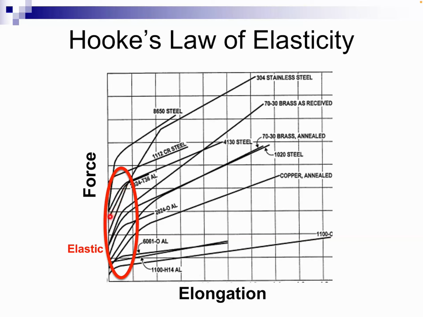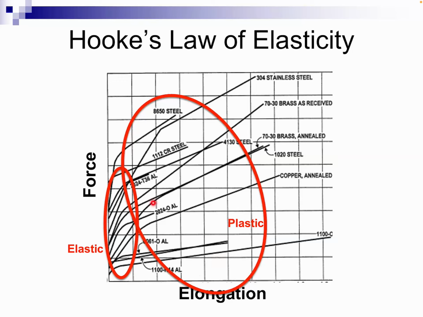If you keep increasing the force, pulling on the object harder and harder, you'll notice this inflection point. There's a point where the graph changes, we call this the inflection point, and then you enter the plastic region.